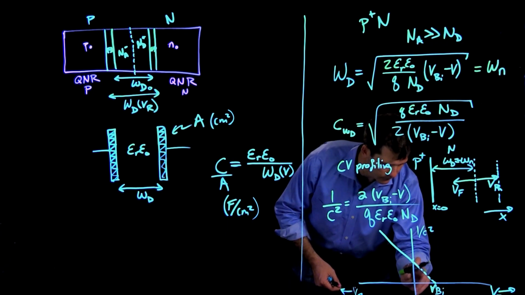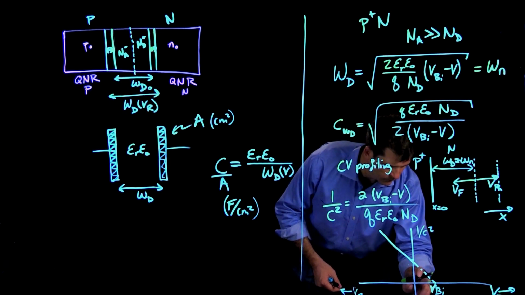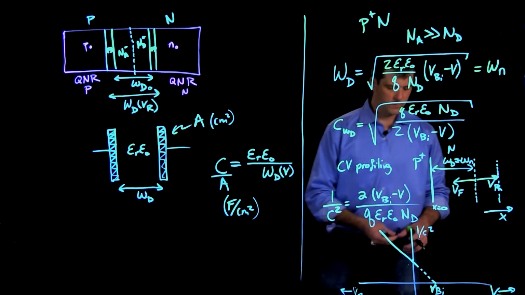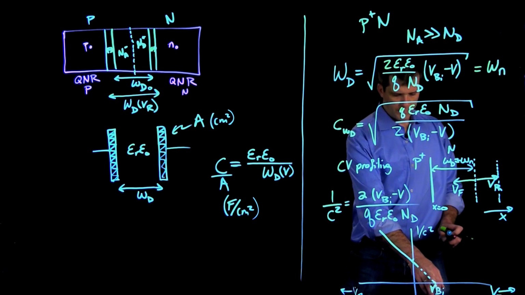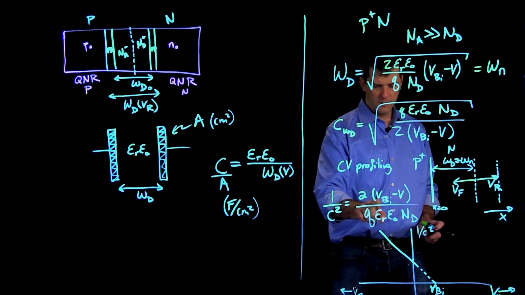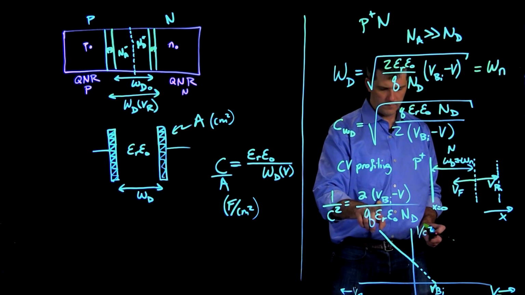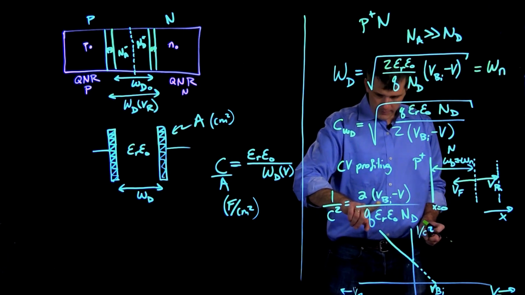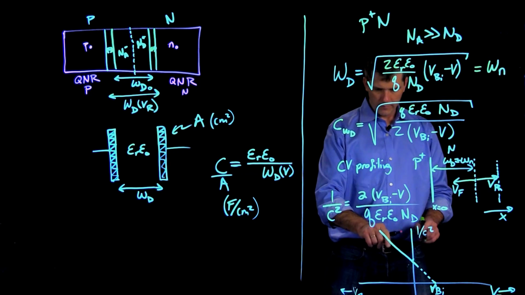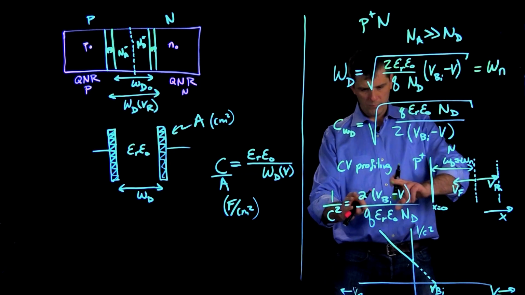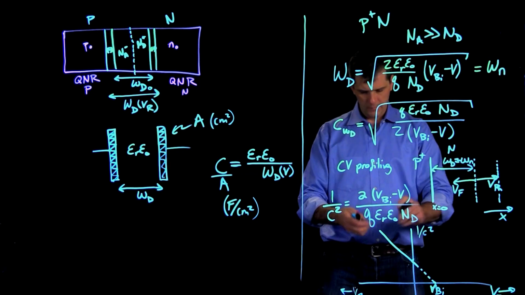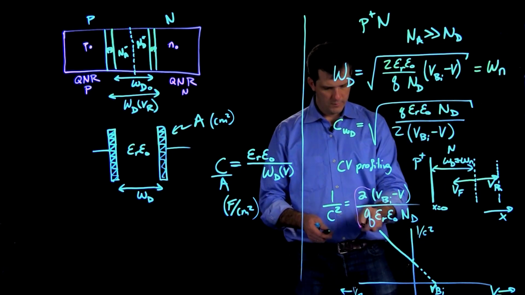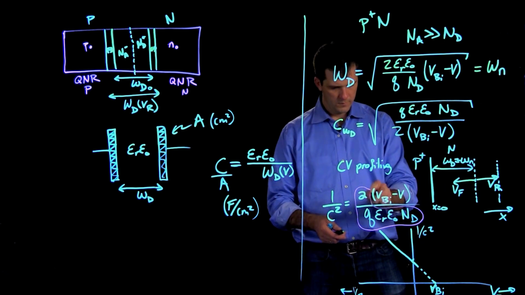We may not be able to actually touch this axis, but the intercept is clearly given by the built-in voltage, and then the slope is given by this collection of terms here. The slope would be all these.